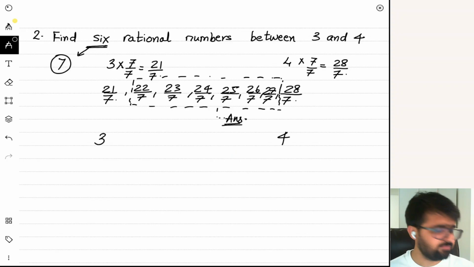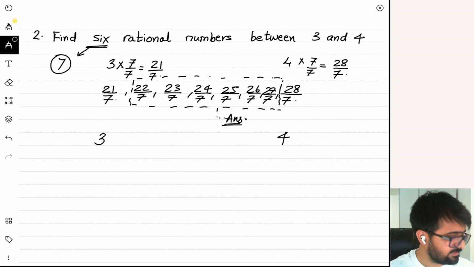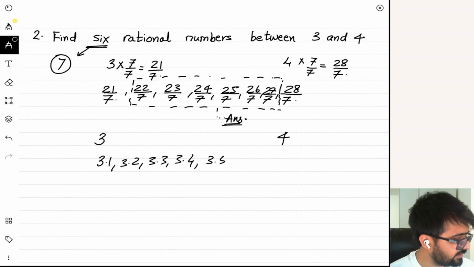But just to clarify and give further understanding in detail, between 3 and 4, or between any two numbers, there can be infinite rational numbers possible. For example, between 3 and 4 you could write 3.1, 3.2, 3.3, 3.4, 3.5, maybe 3.6.